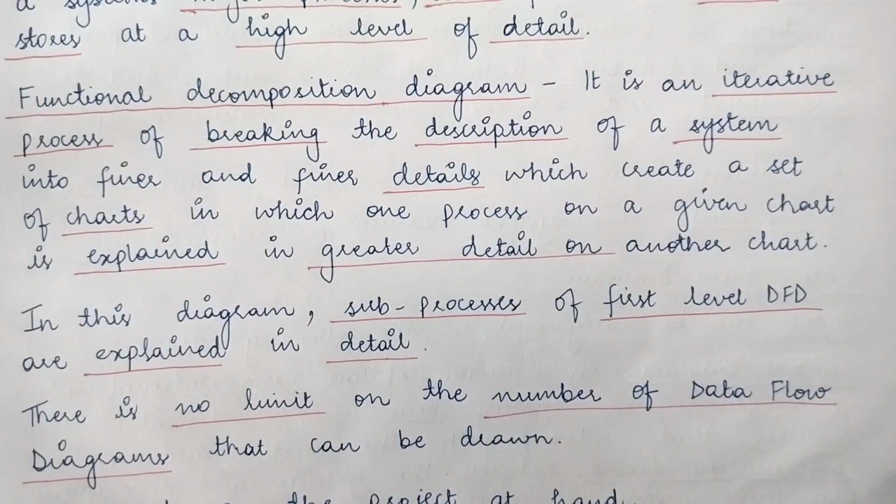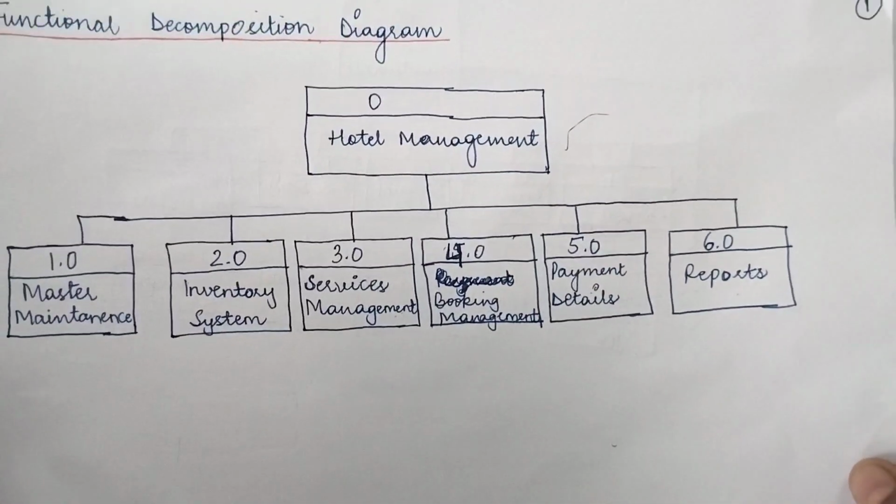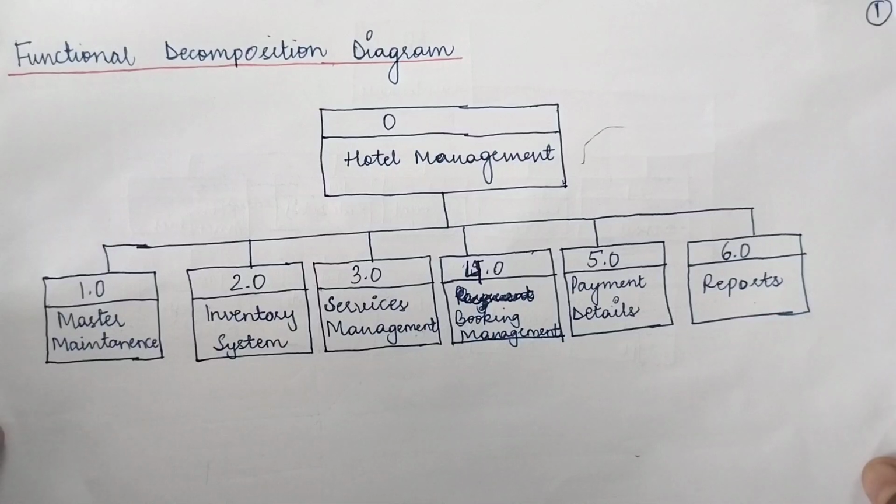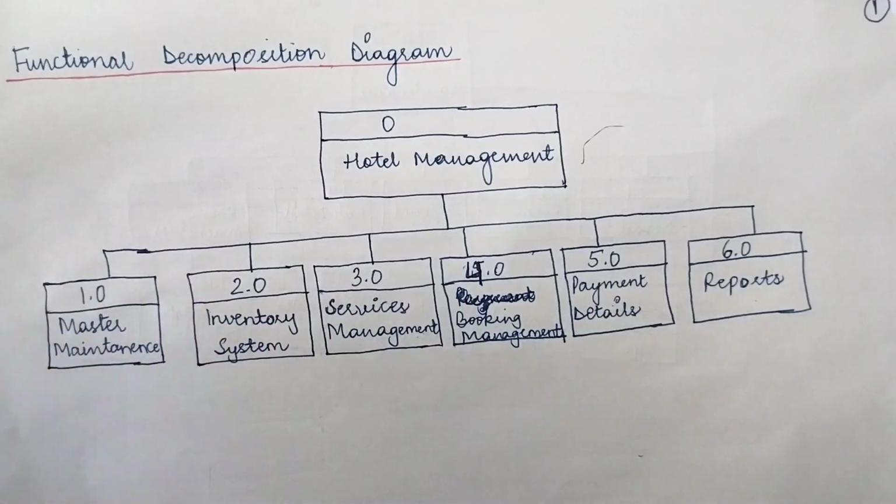So this is what a functional decomposition diagram basically looks like. So now you've understood the difference between the context diagrams, the first level DFDs, and the functional decomposition diagram, and how at every subsequent category you go into finer and finer details.